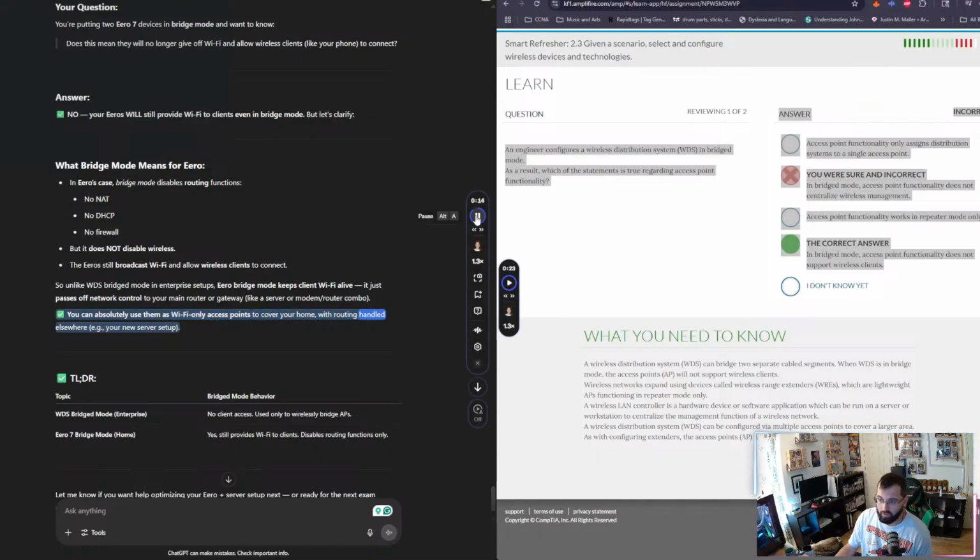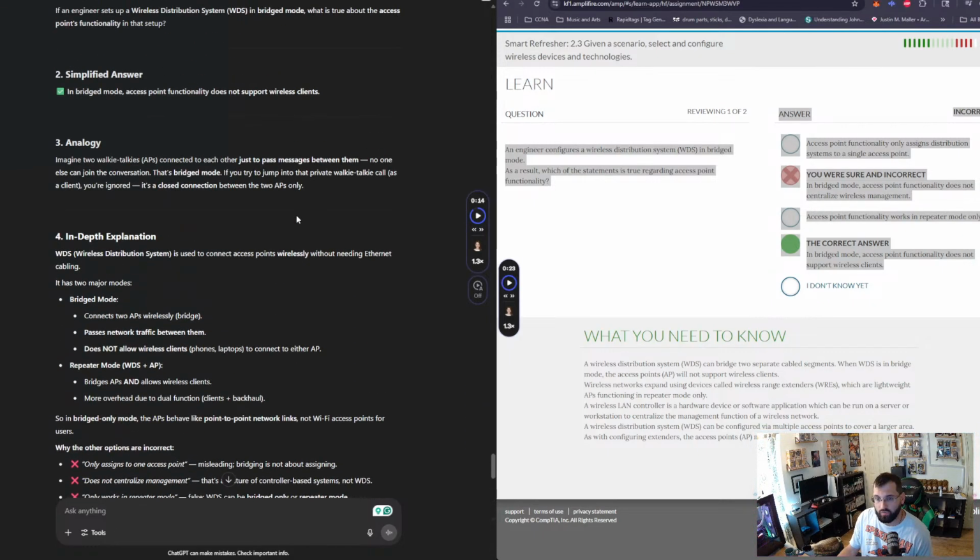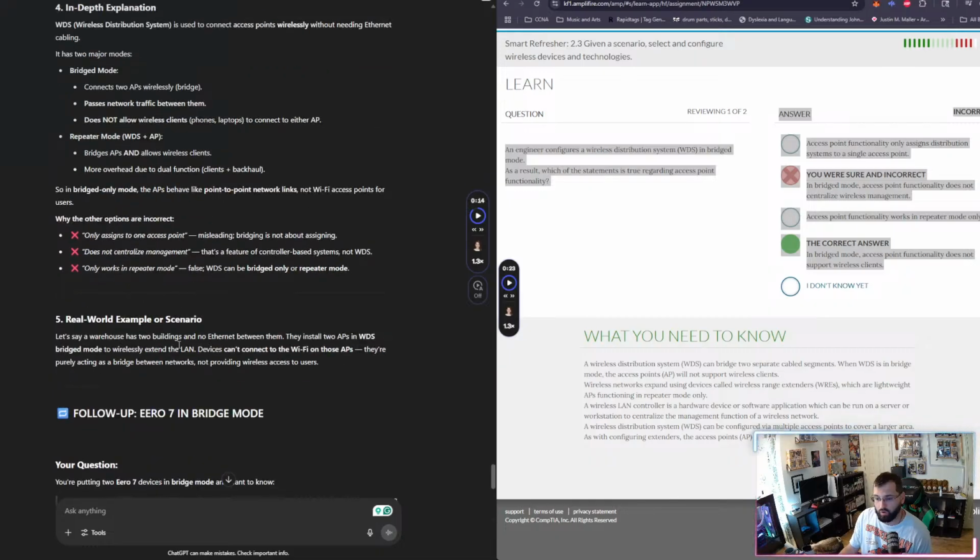So WDS with routing bridge mode is different, and that's like enterprise. In the analogy, the real-world scenario is two buildings with no Ethernet between them. So they install two APs in WDS bridge mode, which means they are connected.